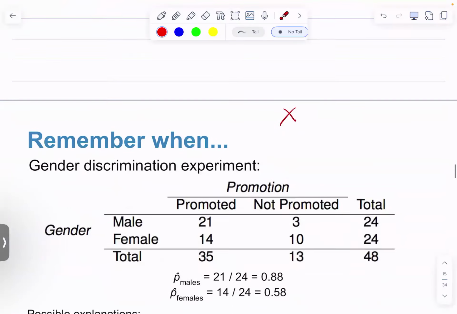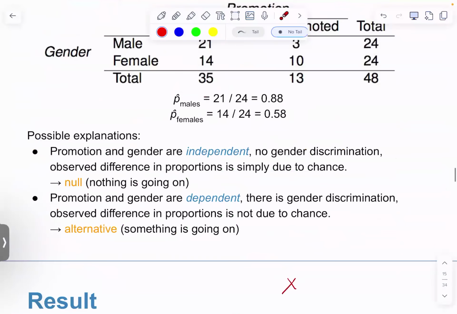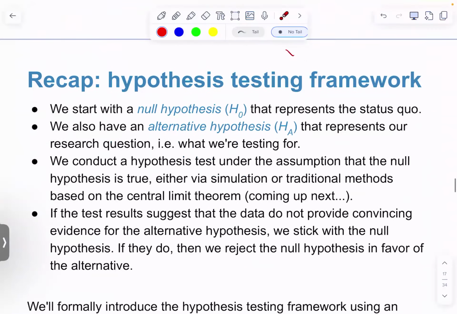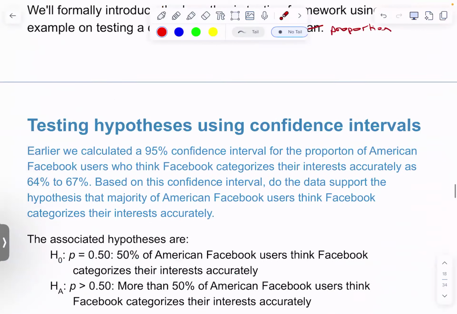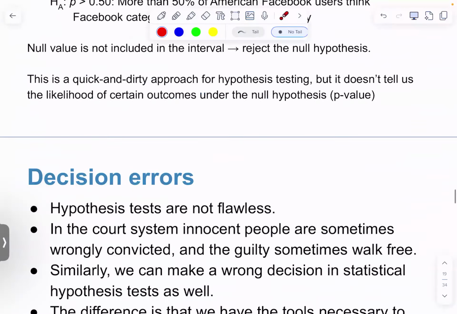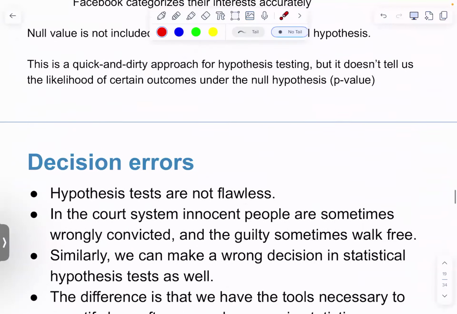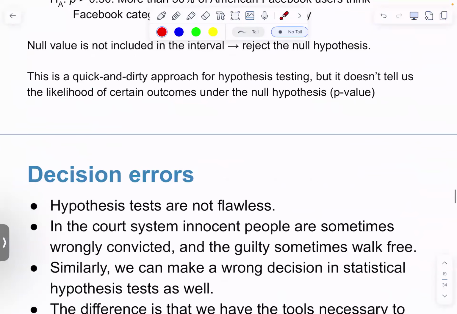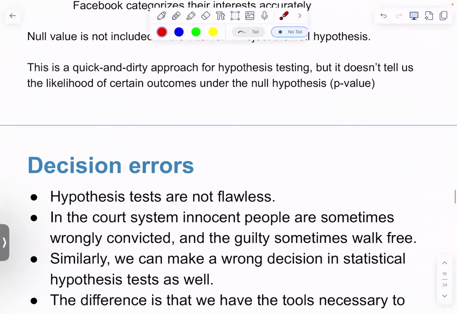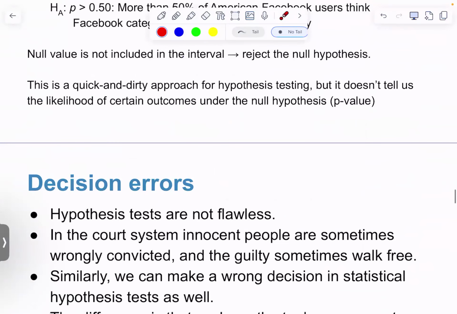Okay. So here I X these because they don't really make sense. And we spent a lot of time talking about all this. Let me just make a note, mostly to myself.